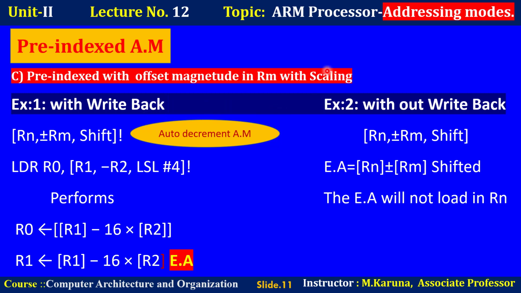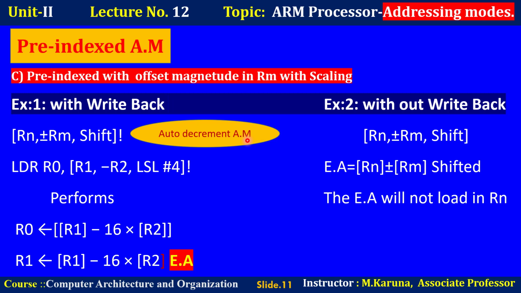Scaling means, if you perform one left shift operation on the data, that data will be multiplied by 2. If you perform left shift on 2, then 2 will be multiplied by 2, which generates 4.